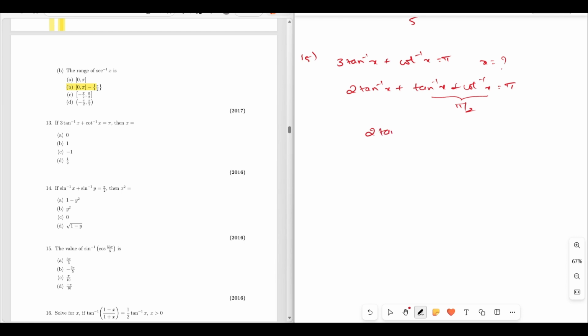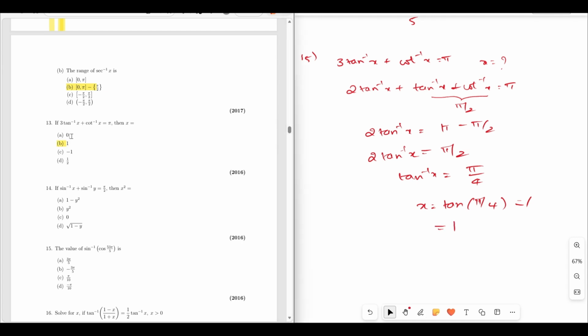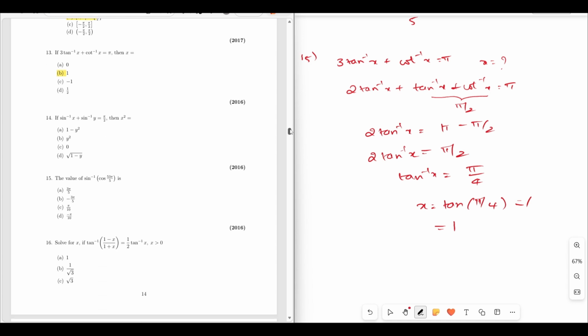So 2 tan inverse x is equal to pi, and sending this value to the right side, you get pi minus pi by 2, which is equal to pi by 2. 2 tan inverse x is equal to pi by 2. So tan inverse x is equal to, sending this 2 to the denominator, you get pi by 4. So x is equal to tan pi by 4, which is equal to 1. So the answer is 1. Which is the right option? Option B is the correct answer.